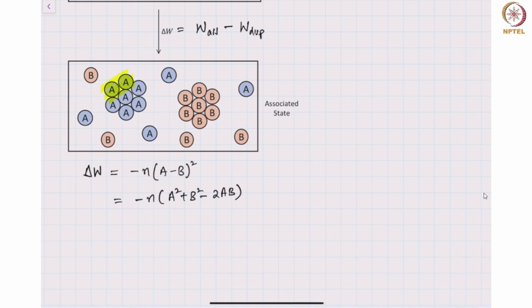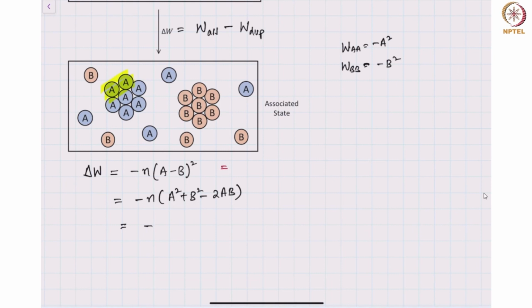Okay. But let's remember WAA is minus A square, WBB is minus B square, correct? So (A minus B) whole square can also be written as this quantity here.